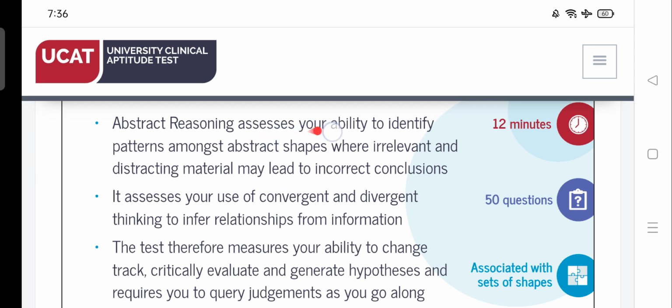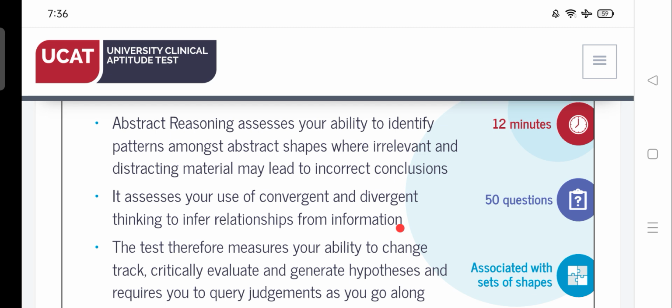Abstract reasoning assesses your ability to identify patterns amongst abstract shapes where irrelevant and distracting material may lead to incorrect conclusions. It assesses your use of convergent and divergent thinking to infer relationships from information.